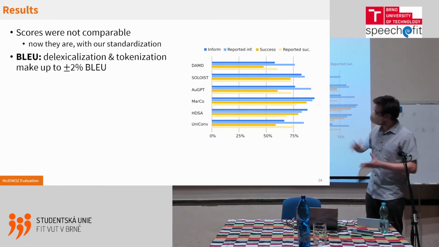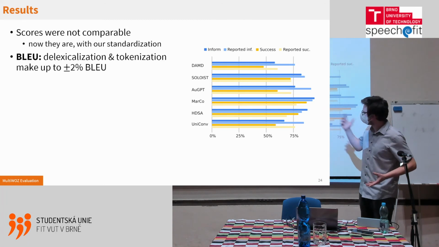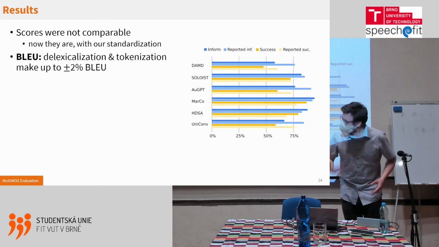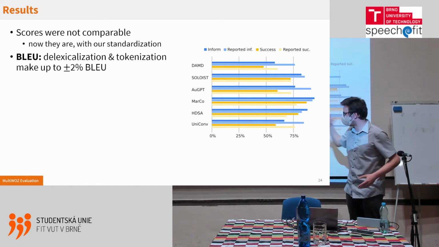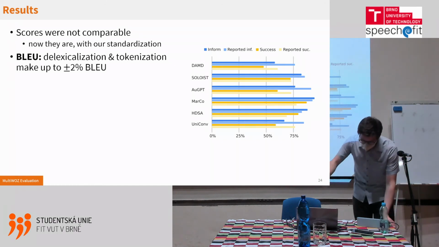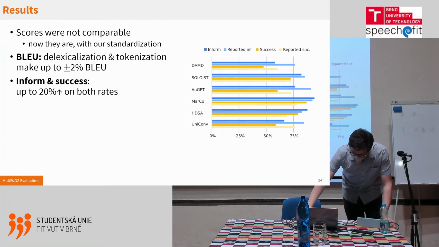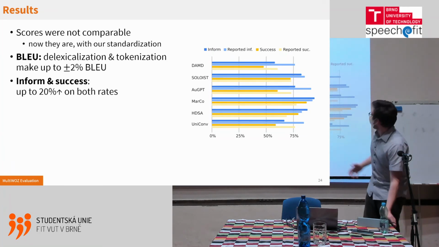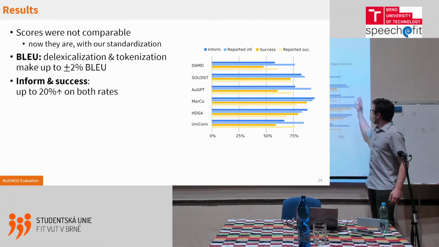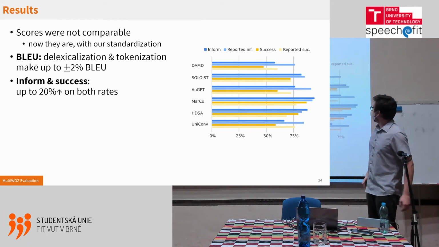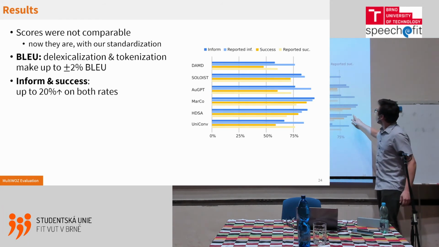We tried 13 different systems, and you get different results tables based on who is doing the lexicalization, or the replacement with placeholders. And even for inform and success rate, based on how you count, you get vastly different results.